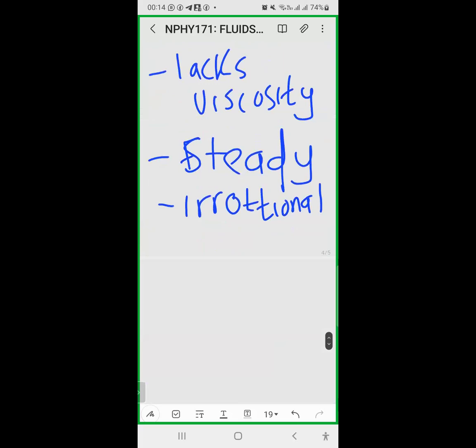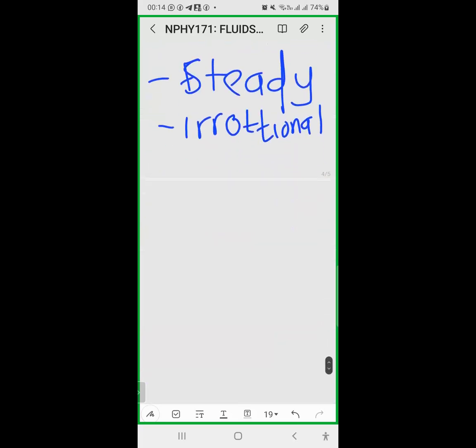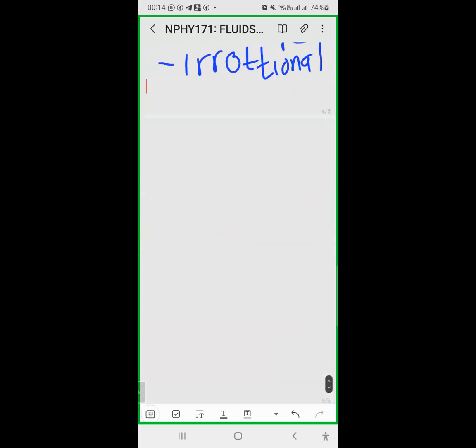We also have the path lines and the streak lines, but I'll just touch on the streamlines. A streamline, in simple terms, is the path followed by an individual fluid, and mathematically we can say it's a line that is everywhere tangent to the velocity field.